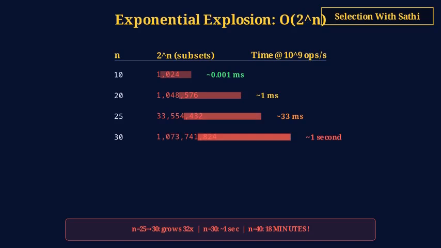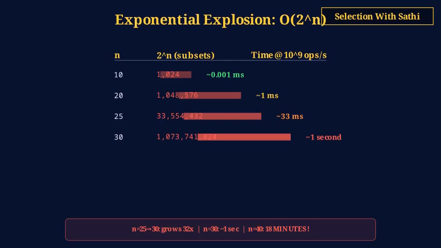Still manageable. For n equals 25, 2 to the 25 is about 33 million. This takes around 30 seconds, getting uncomfortable. For n equals 30, 2 to the 30 is about 1 billion subsets. This takes minutes and will often cause a time limit exceeded in contests.